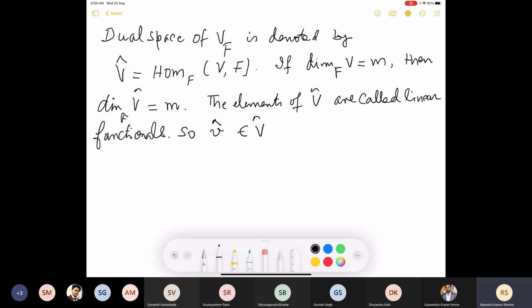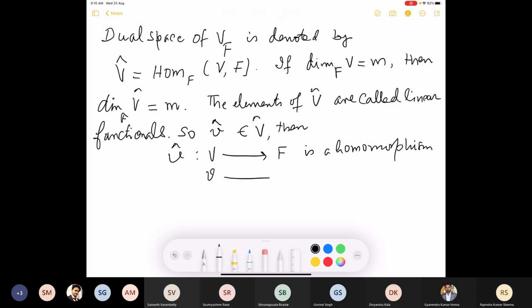So if f is in V hat, what does it mean? That this f is a homomorphism of V into F. So V goes to the image of V under f, like that.